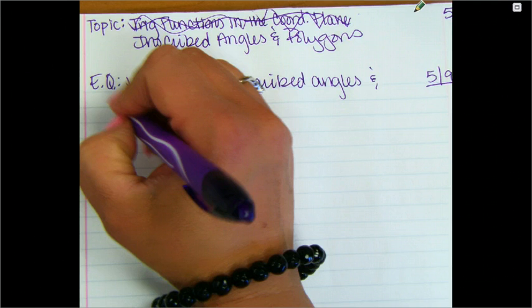So your intercepted arc is very easy to find. Do you see where your angle is opening to? Yes? There's your intercepted arc. It's right here.